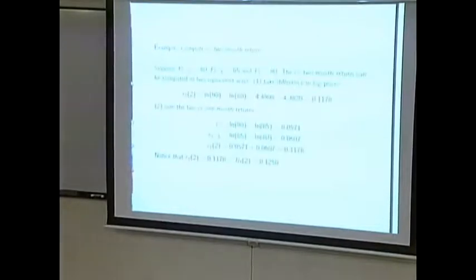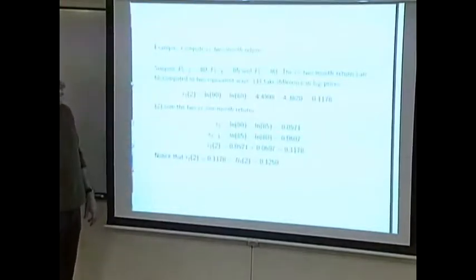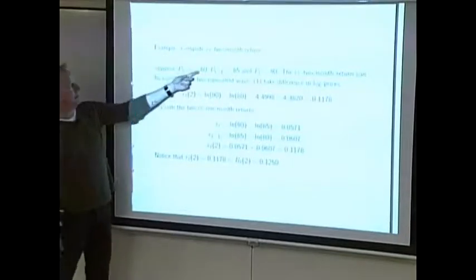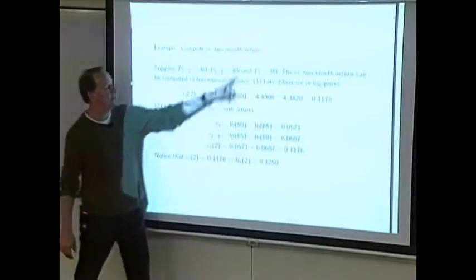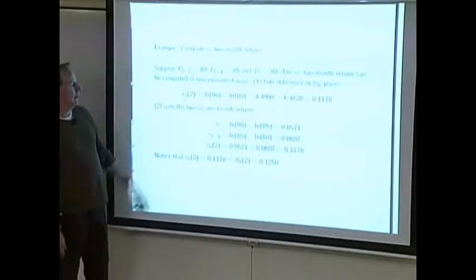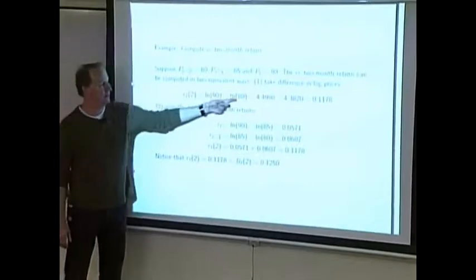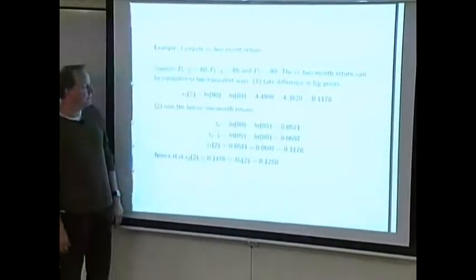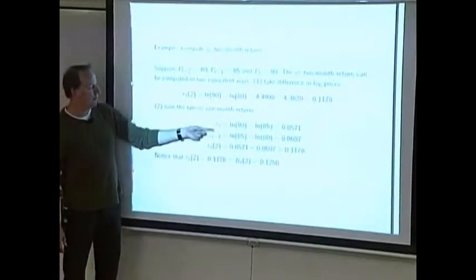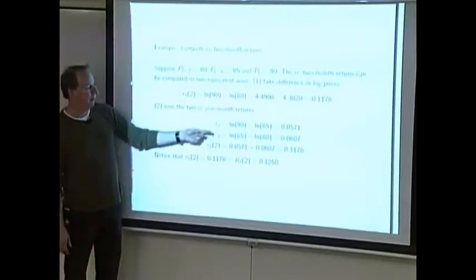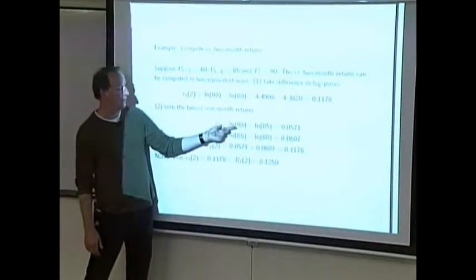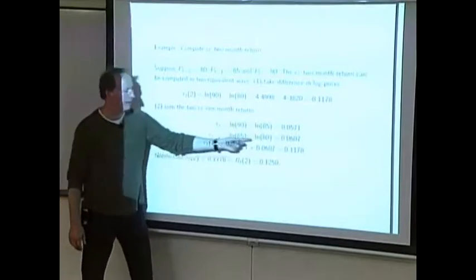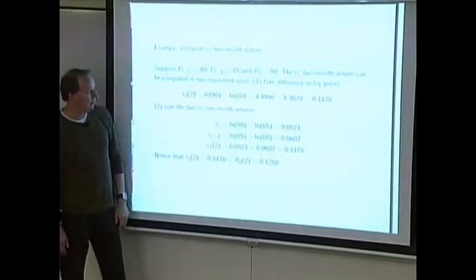Okay, so just going with an example, we have a 2-month return on Microsoft. P_{t-2} is 80, P_{t-1} is 85, P_t is 90. And then the 2-month continuously compounded return is the difference in the log prices. So that's 11.78%. Now the 2 1-month continuously compounded returns, r_t is the difference between log 90 and log 85, so that's 5.71. r_{t-1} is log 85 minus log 80 at 6.07.